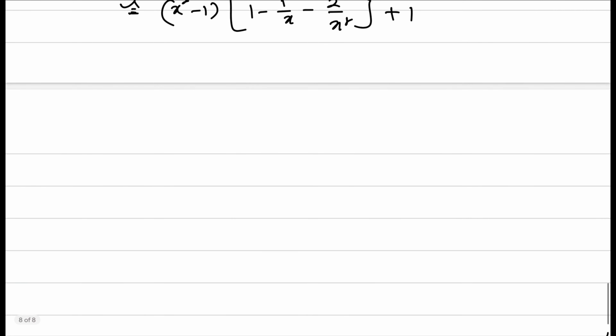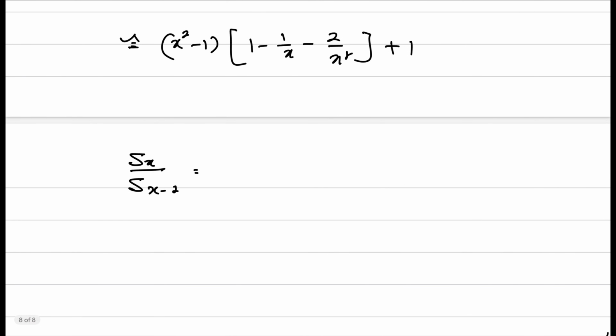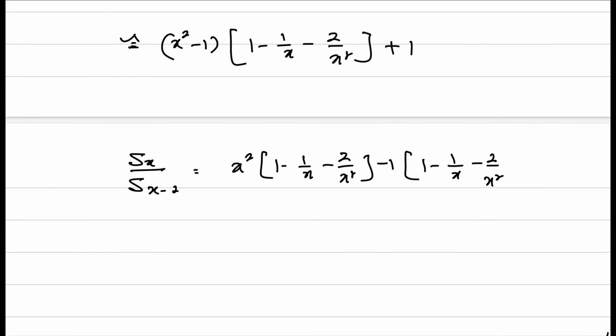Then Sx by Sx minus 2 is equal to x square into 1 minus 1 by x minus 2 by x square, minus 1 into 1 minus 1 by x minus 2 by x square plus 1.